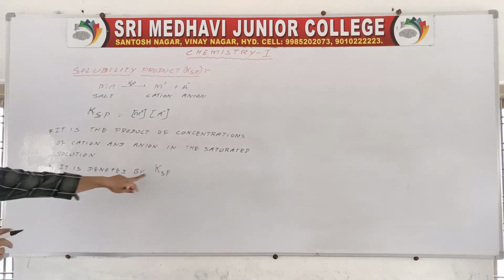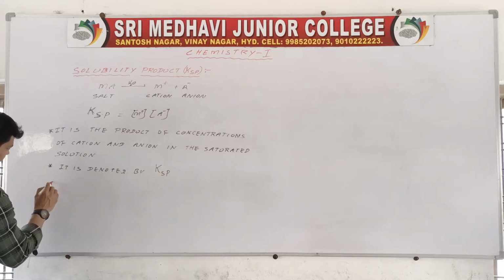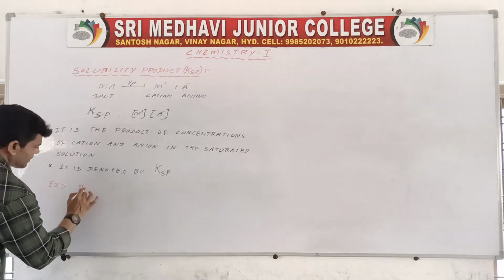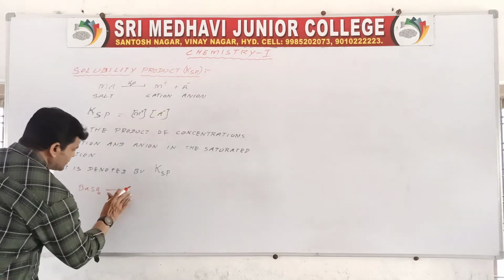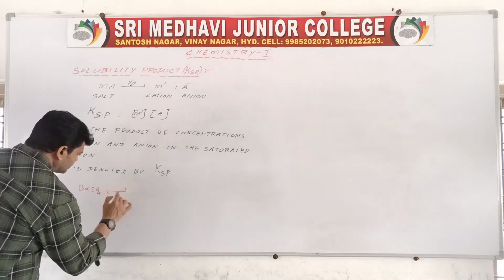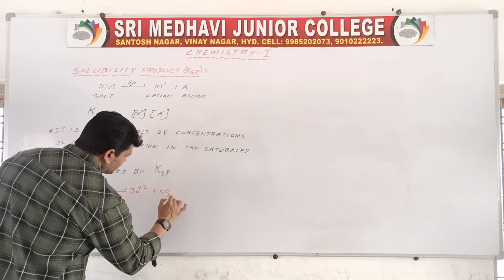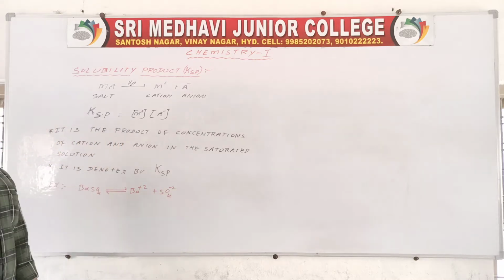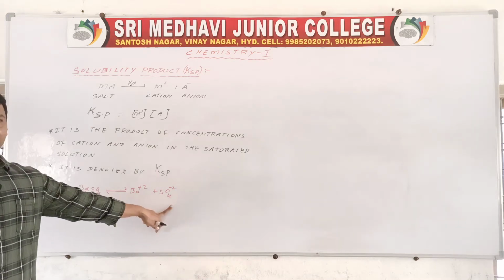For example, BaSO4 gives rise to Ba plus 2 and SO4 minus 2. Okay, so it is a cation and it is an anion.